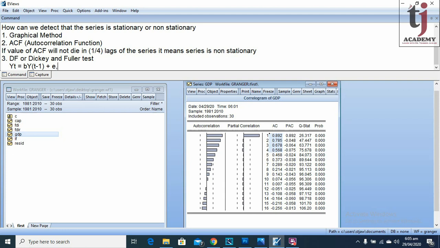So here, if b is greater than 1, it means the series will be explosive, because the lag value is increasing the next current value.